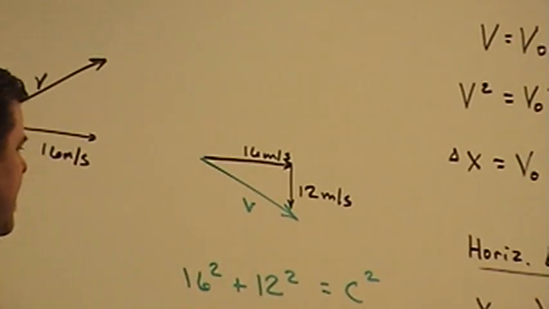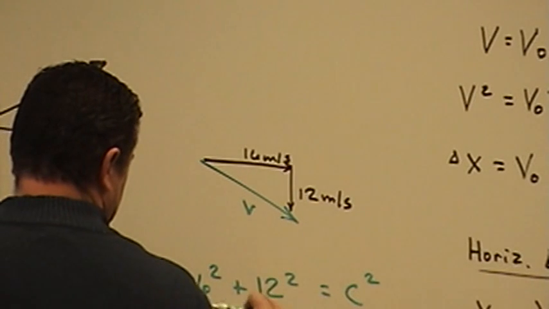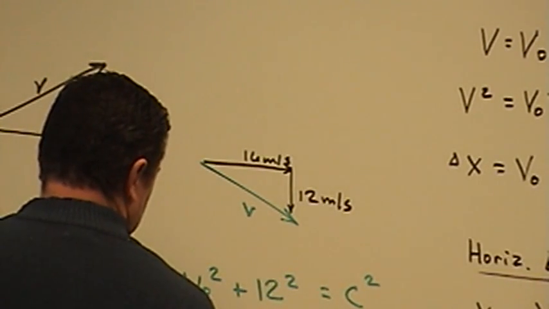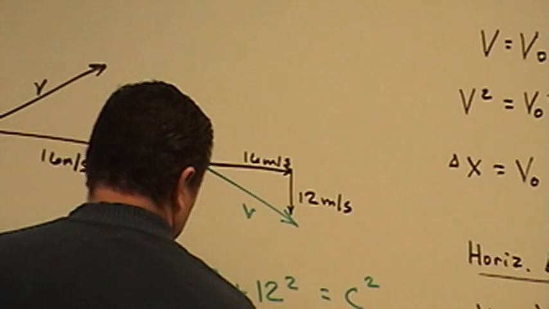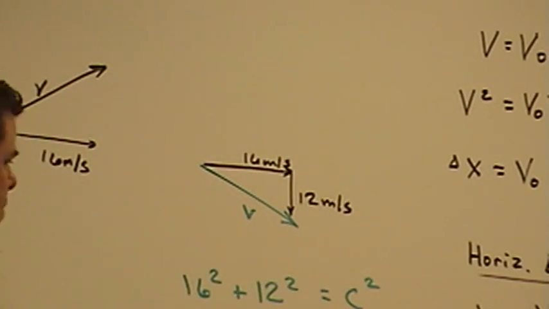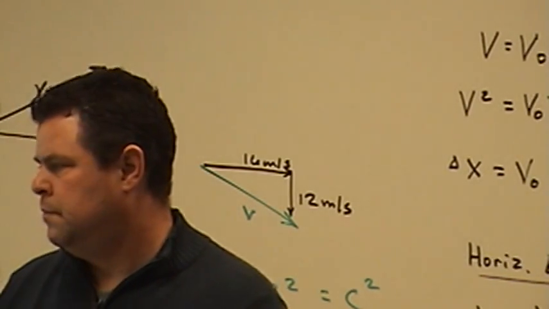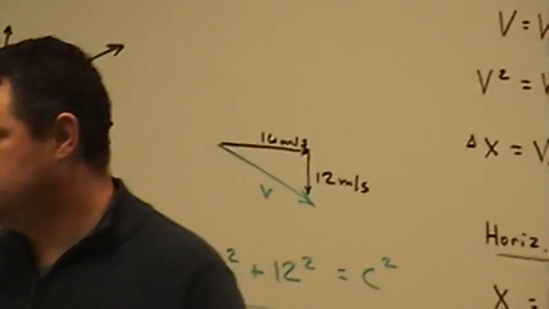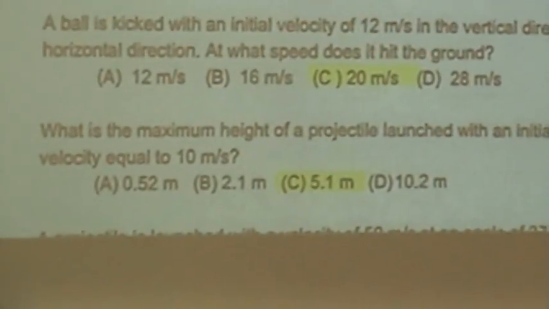And so this missing side, that hypotenuse, in this case it's actually like a 3, 4, 5 triangle, must be about 20 meters per second. Maximum height of a projectile launched with an initial vertical component.